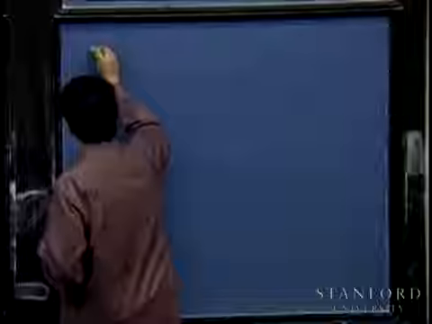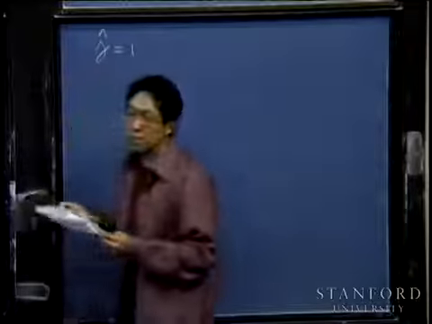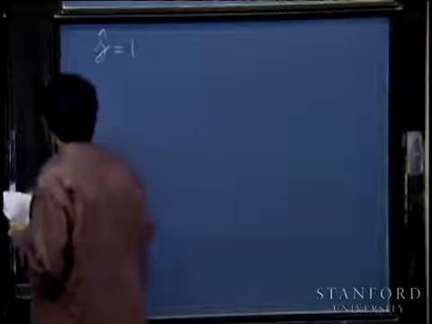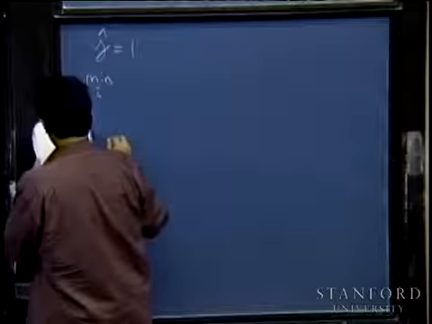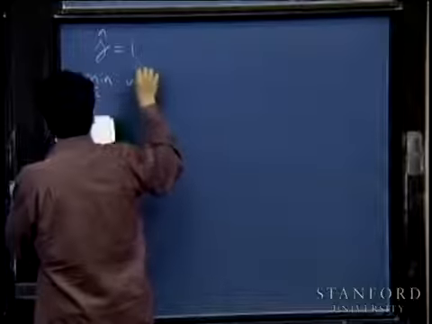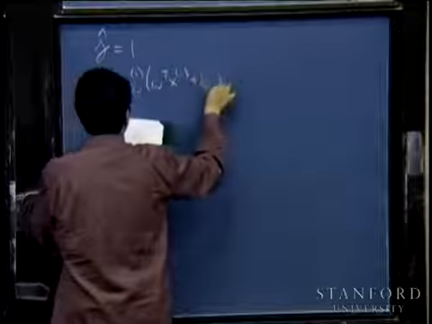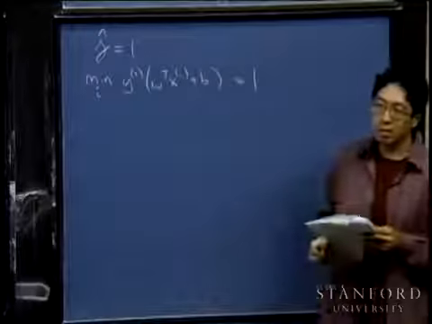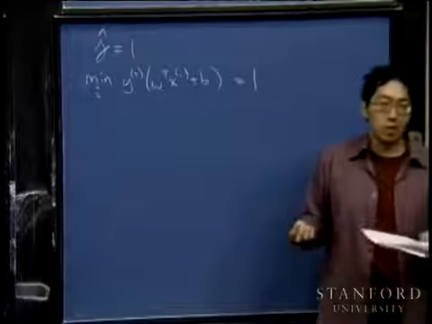I want to impose a constraint that the functional margin is equal to 1. Another way of writing that is that I want to impose a constraint that min over i, y_i times (W transpose x_i plus B), that the worst case functional margin is equal to 1. And clearly, this is a scaling constraint, right?